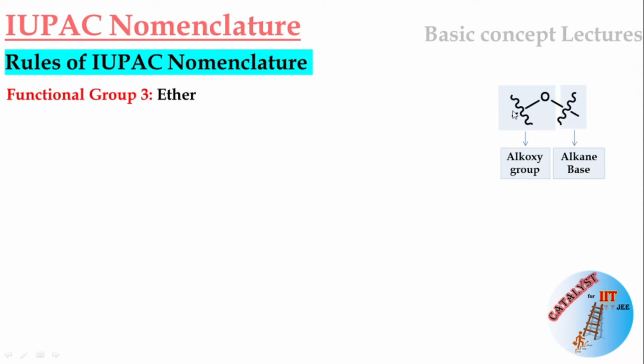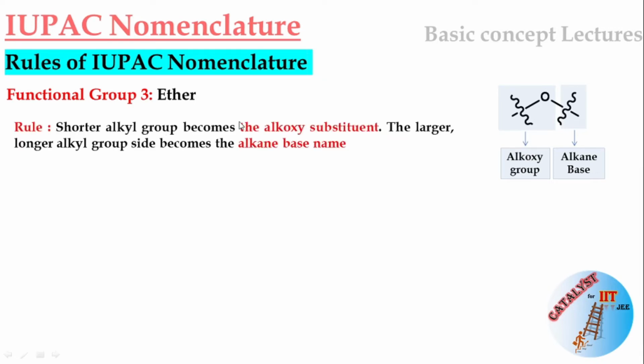So the next question that should arise in your mind is, which alkyl chain should be connected with oxygen and termed the alkoxy group? According to the ether functional group rule, the shorter alkyl chain becomes the alkoxy substituent, meaning the side chain which has fewer carbons will be termed your alkoxy group, while the side chain which has more carbon atoms will be termed your alkane base.